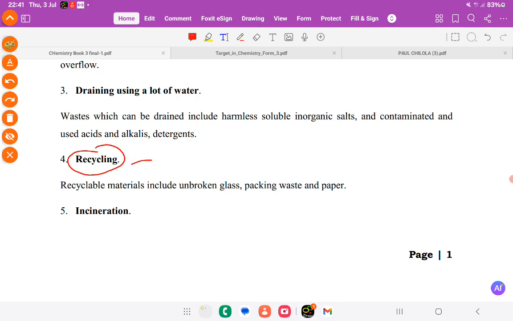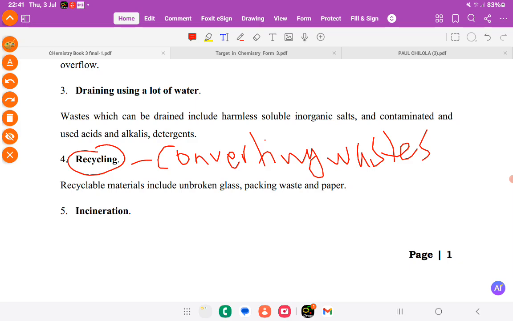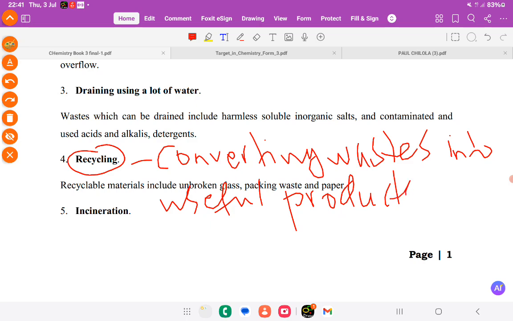So this involves converting waste into useful products. That's the meaning of recycling. So you can recycle the waste so that it can be turned into something that is going to be used again.